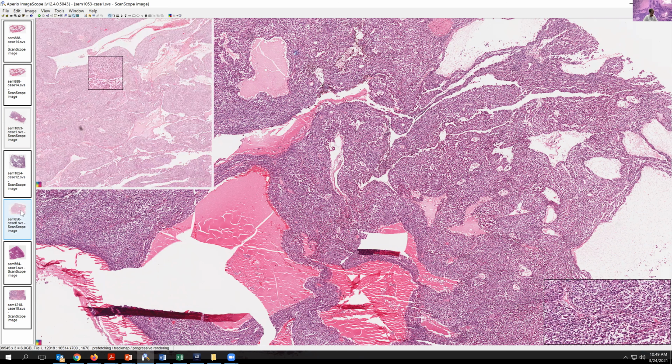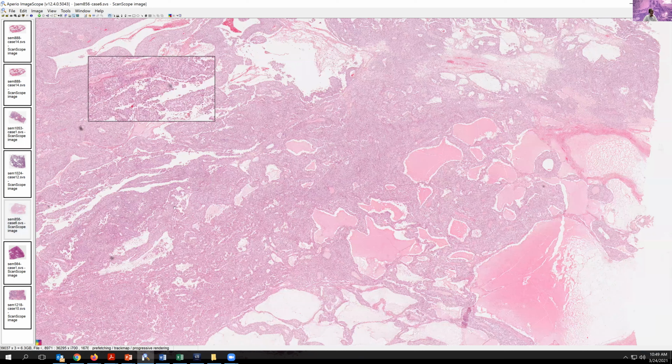We'll look at another one here, which has a similar sort of pattern, large cystic spaces, follicle-like, and a diffuse interstitial pattern. So this lesion also, as we try to magnify the lesion, we'll try to get there.